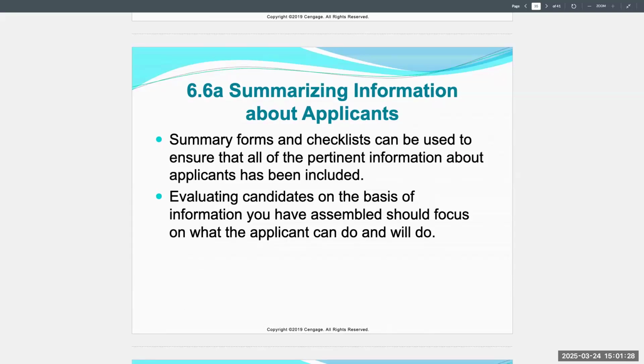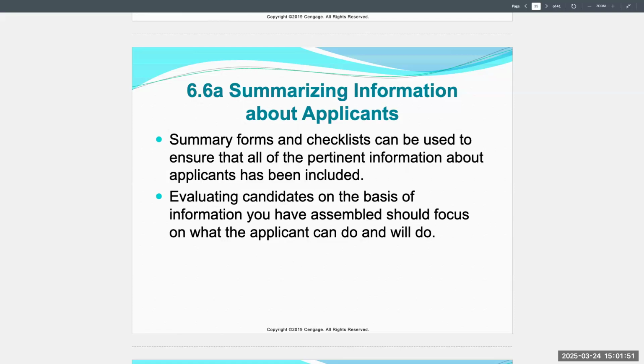Once all the data is gathered, the challenge becomes organizing and interpreting it effectively. So, summary forms and checklists serve as tools to make this process systematic. They help reduce decision fatigue and ensure consistency across all candidates by standardizing the way we evaluate components like job knowledge, communication, and leadership.